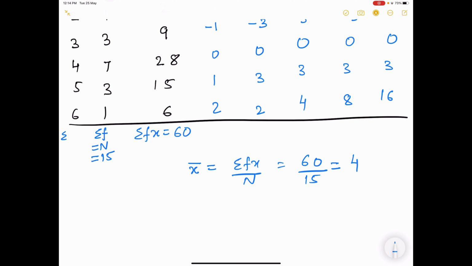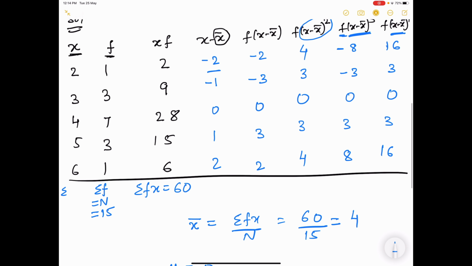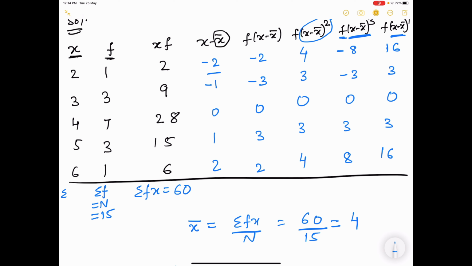Let us write the formula of the first moment about the mean, and once we find it, it will come out to be 0. Let us do it. So what is the sigma value of f into x minus x bar? This is coming out to be 0. What is the sigma value of f into x minus x bar square? This is coming out to be 14.